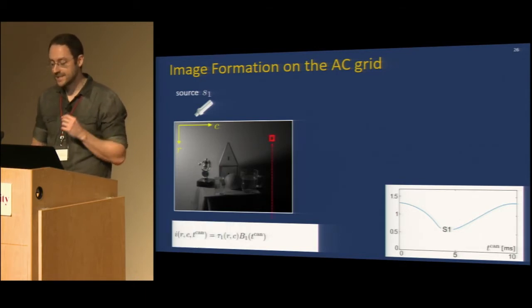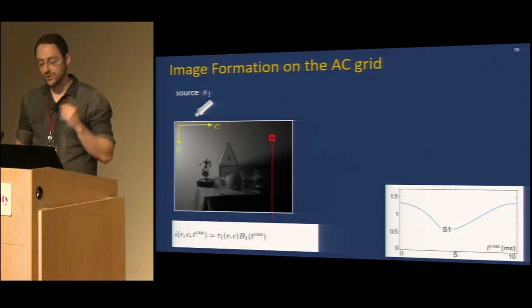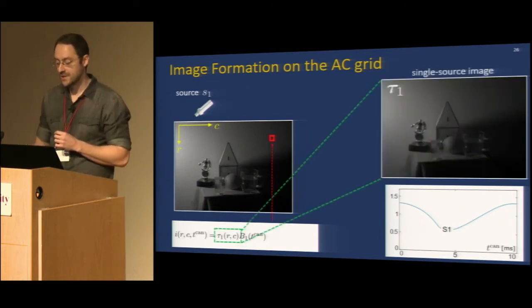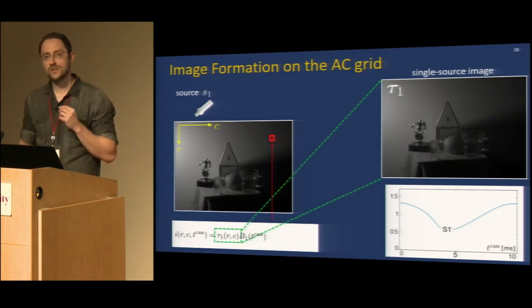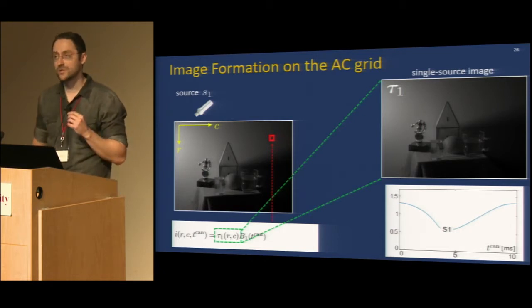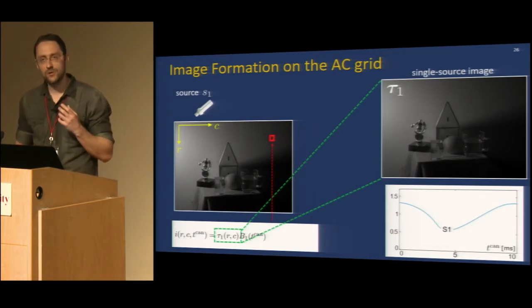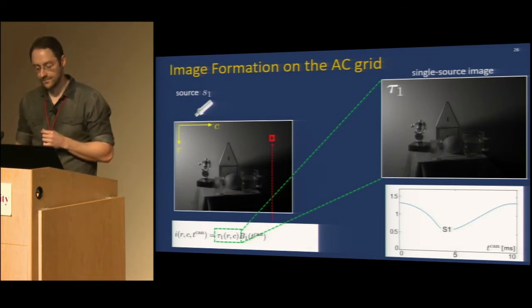Now, the scene intensity at row R and column C is the product of 2 terms. First, the single source image. A single source image shows how the scene would appear in a standard long exposure if only that source was active. More formally, it holds the light transport coefficients relating that source and every camera pixel.